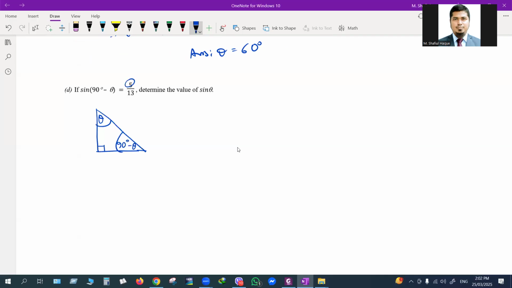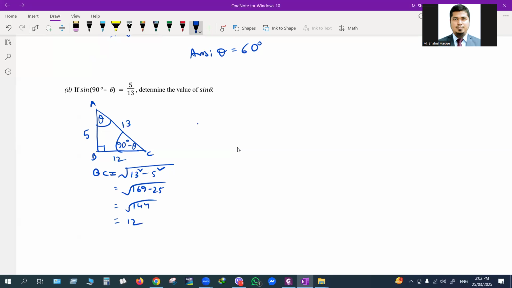Opposite is 5, and hypotenuse is 13. So we need to find out the value of sin theta. If we denote this A, B, C, then BC is equal to root over 13 square minus 5 square, and that is 169 minus 25 is 144. That is 12. So BC will be 12.